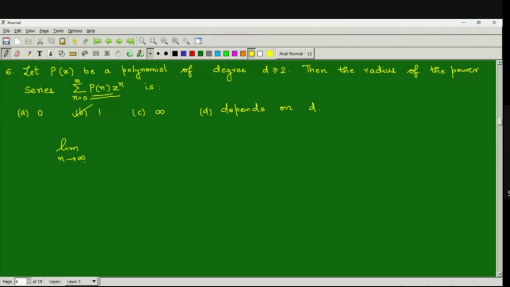Suppose we take an example P(n). Then we calculate the limit as n tends to infinity of a(n+1) by a(n). That is the method.